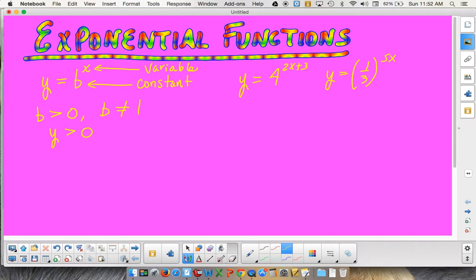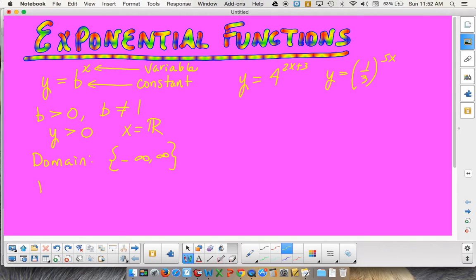X, the domain, I'll point this out, x can be any real number. So therefore, the domain here, the x-coordinates you can use, are anything from negative infinity to positive infinity.